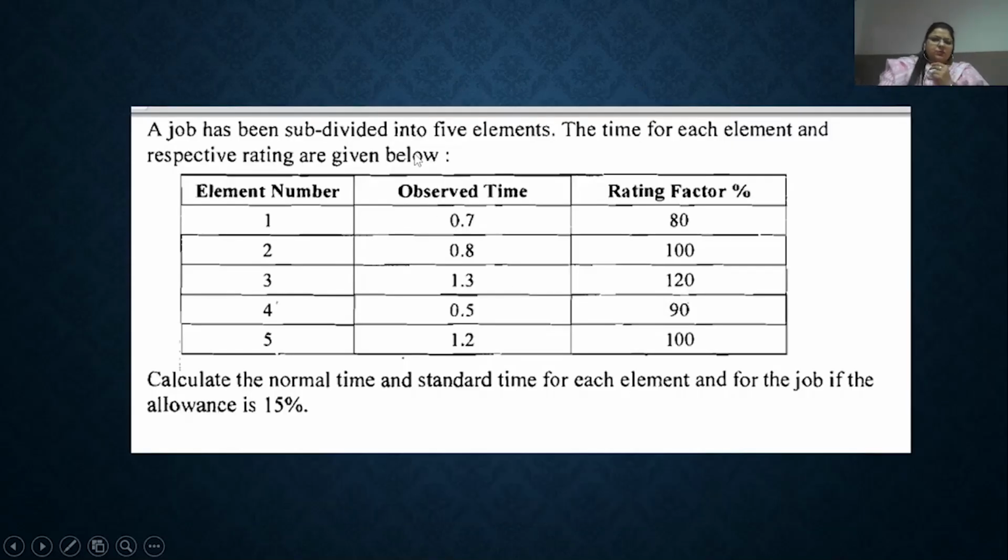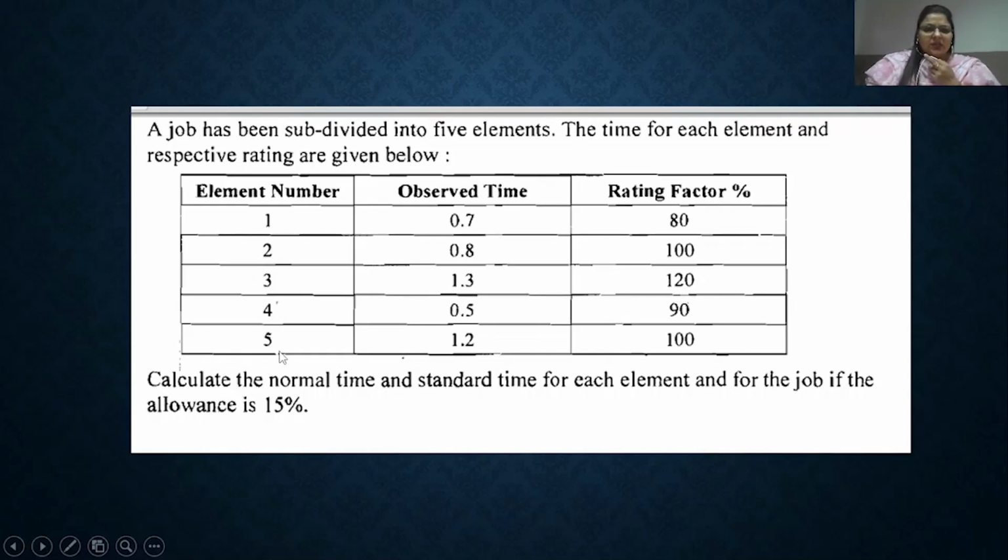So these are some numericals through which we can easily calculate how much time is needed, what the standard time is, what the normal time is, and what the allowed time is. Let's see: a job has been divided into 5 elements. The time of each element and the respective ratings are given below. These are the elements.